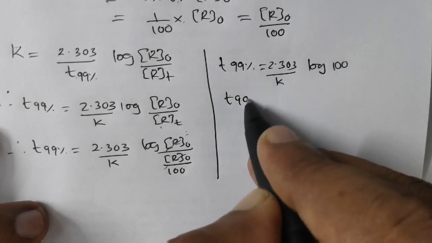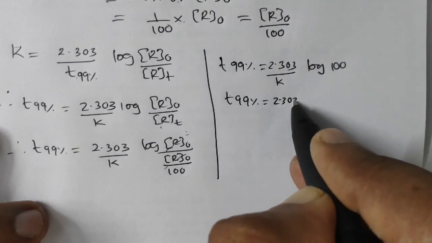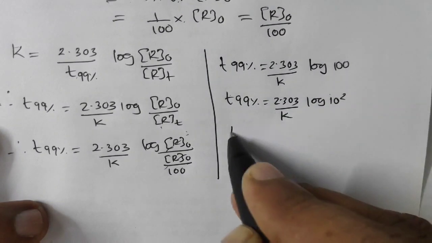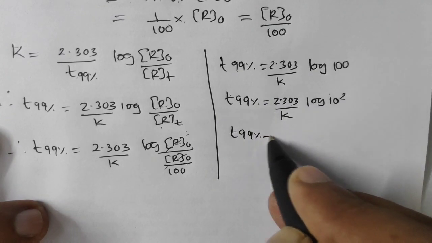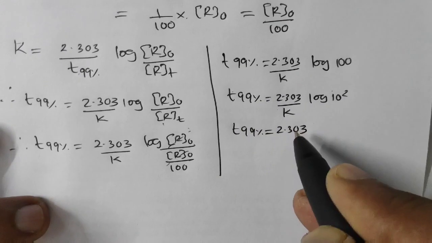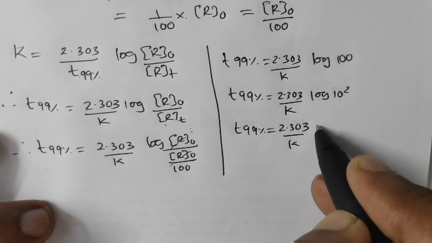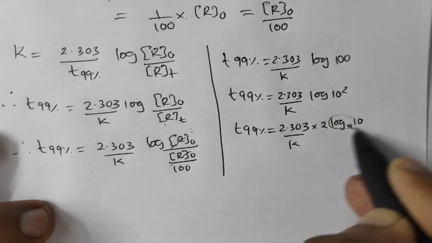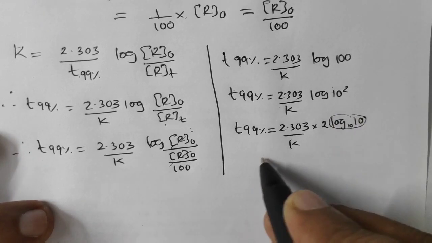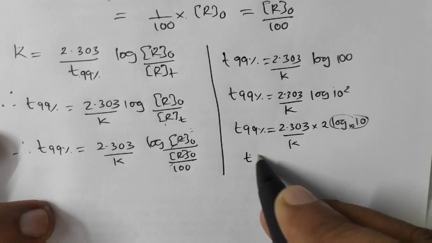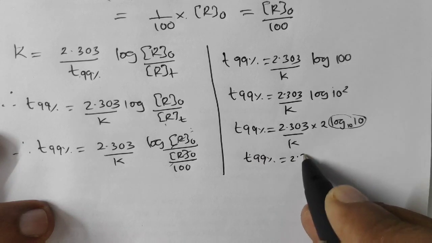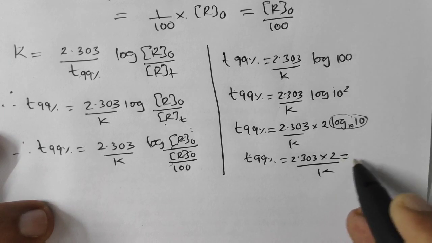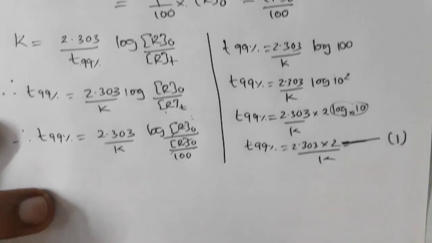Because you can write 100 as 10 raised to 2, so the power comes down. So t99% will be equal to 2.303 by K into 2 log 10 to the base 10, and log 10 to the base 10 is 1. Understood? So t99% is equal to 2.303 into 2 by K, which I will keep as equation 1.